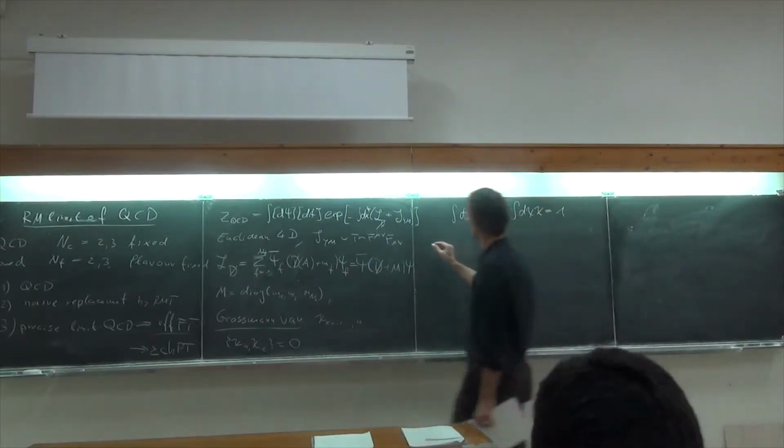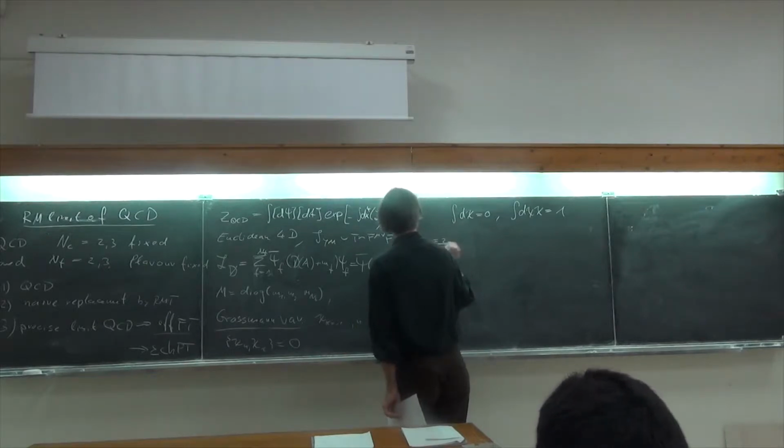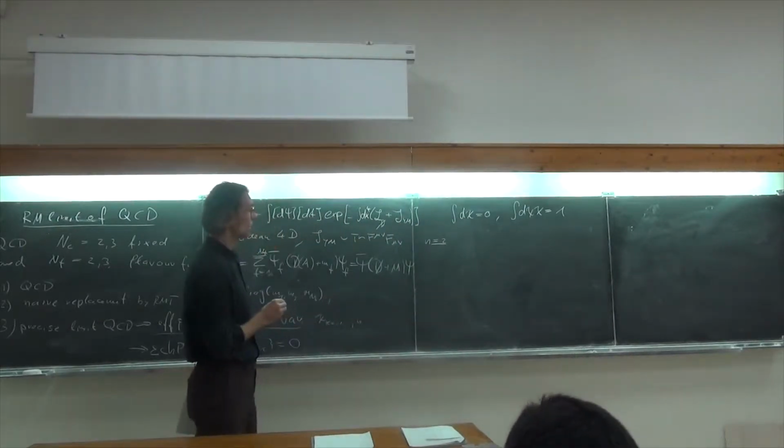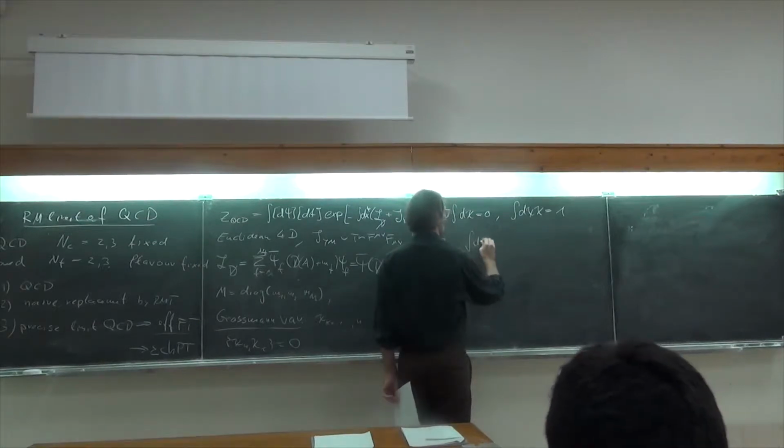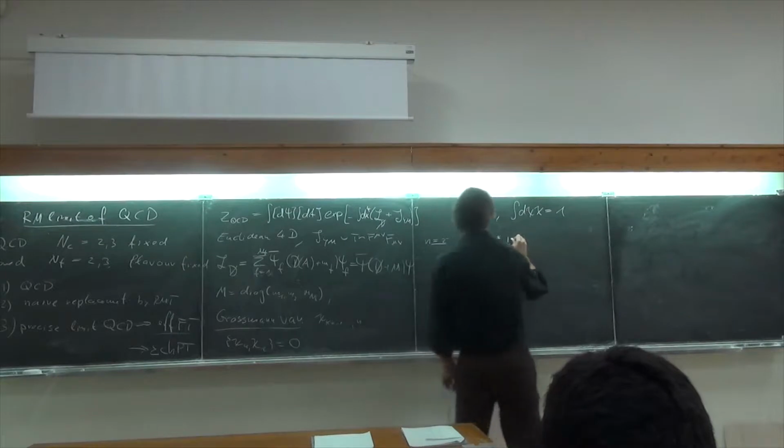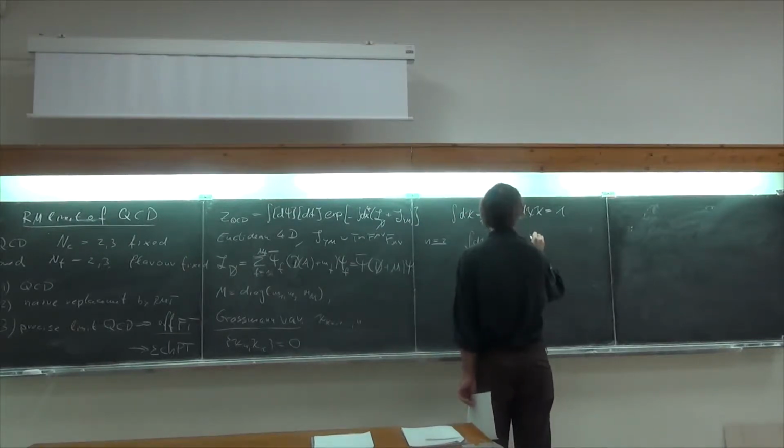So that implies that, well, let me go straight away to the example with 2 Grassmann variables. Let's say we take 2 complex Grassmann variables, psi and psi star.